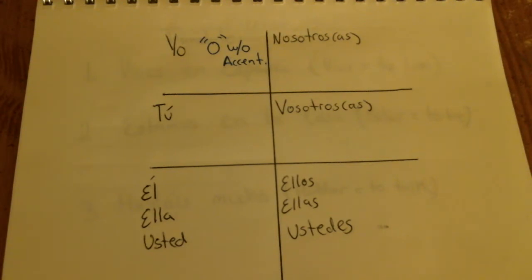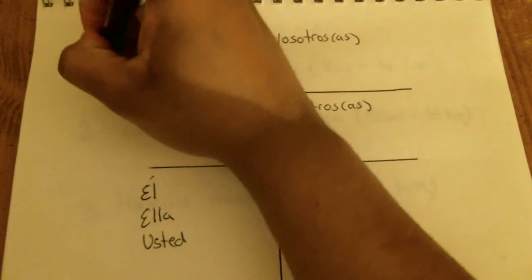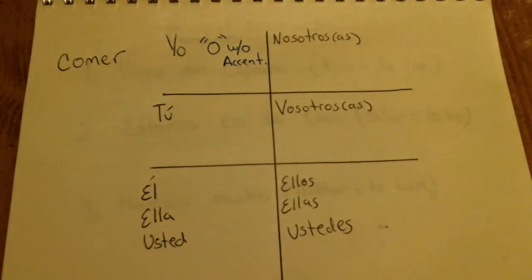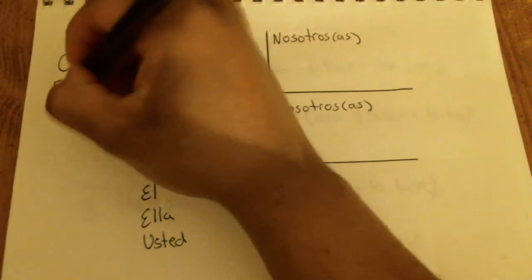So let me give you an example. I'm going to use an example from all of these using the verb comer, okay? The verb comer means to eat.